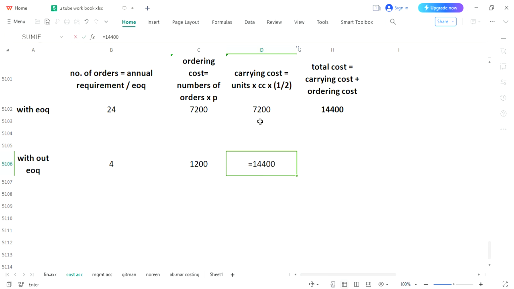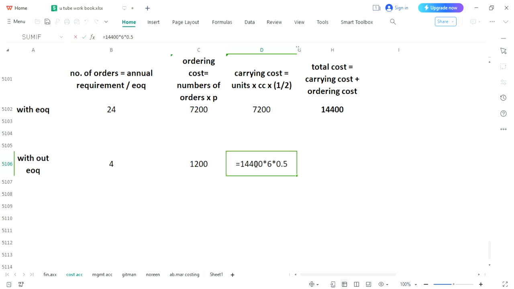It is given in the question, and then you will multiply it with CC. Carrying cost was calculated as 6, and we will multiply it with 1 by 2 to calculate the average. 1 by 2 means 0.5. So this way your carrying cost has been calculated, and I will let you know a little more about that.